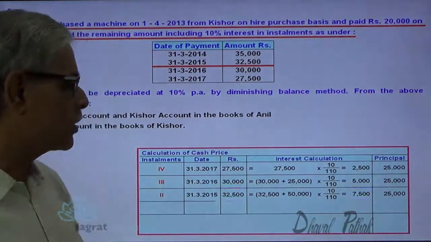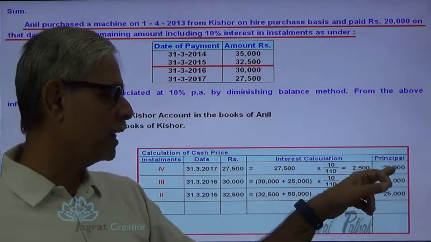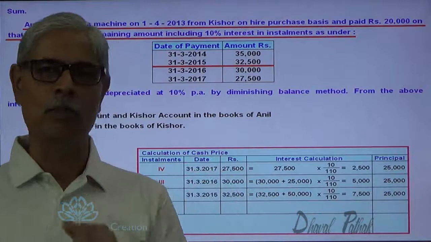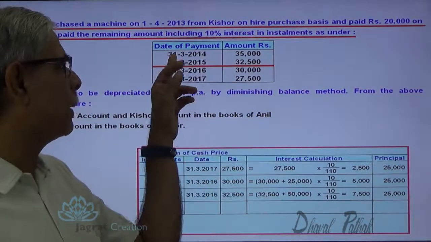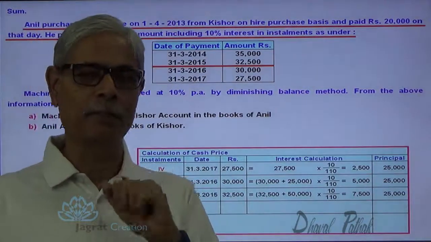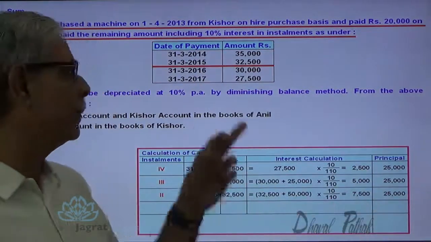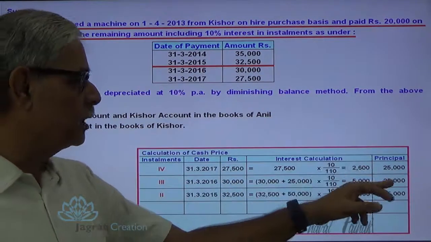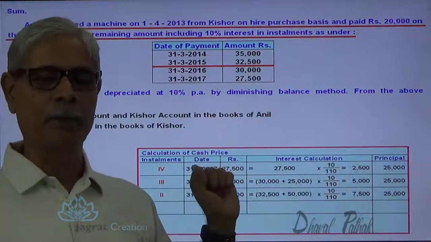Now the question arises, when the first installment was paid, were 75,000 outstanding? Yes, they were outstanding because at the time of the payment of the first installment, 35,000, after that, second installment paid, 25,000 principal paid. Third installment paid, 25,000 principal paid. Fourth installment paid, 25,000 principal paid.